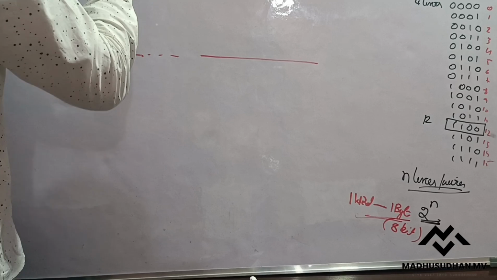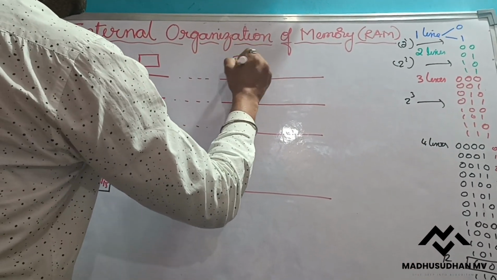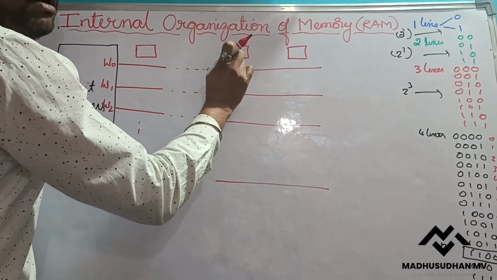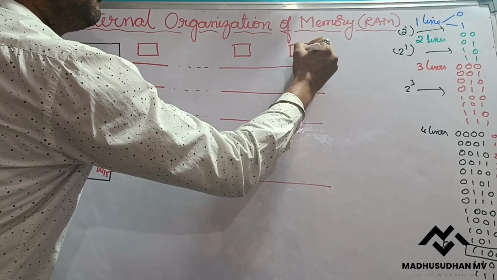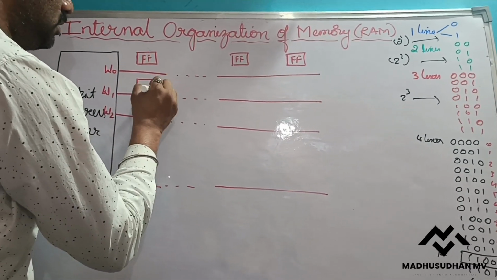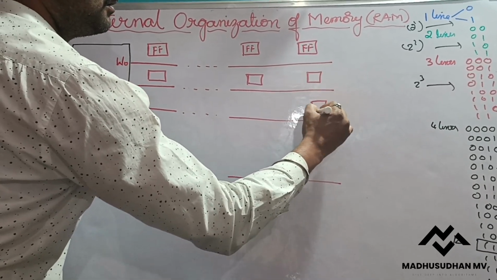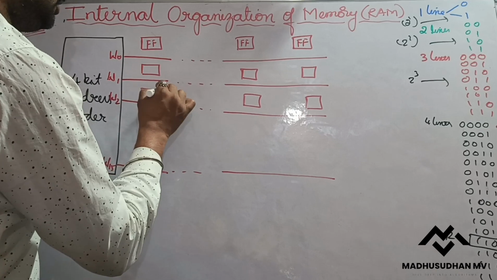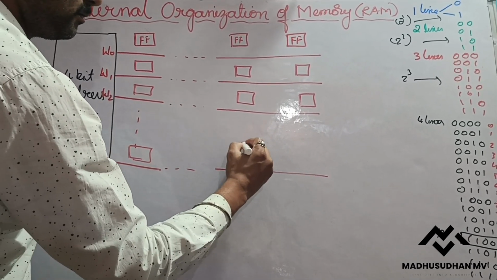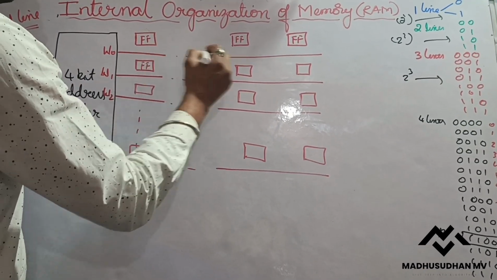So for that I will use 8 flip-flops. I am writing 1, similarly here 2, similarly here 3. I am not writing all 8, you can write 8, so I put dots. Each one is one flip-flop. Similarly, on every word line I have 8 flip-flops.